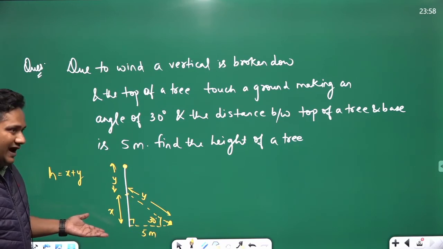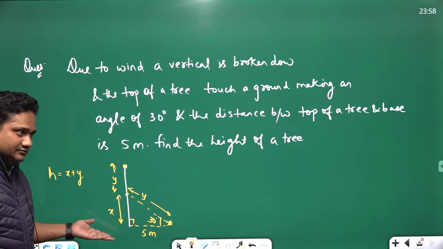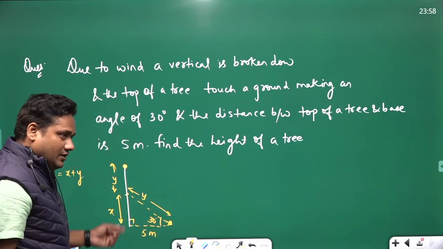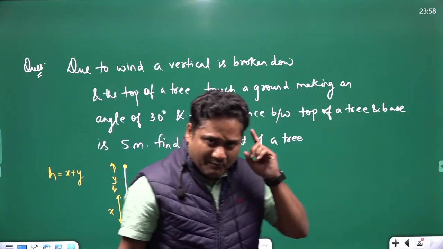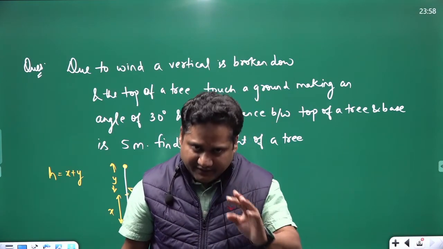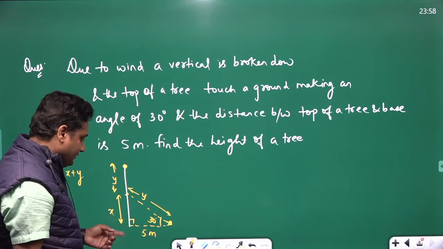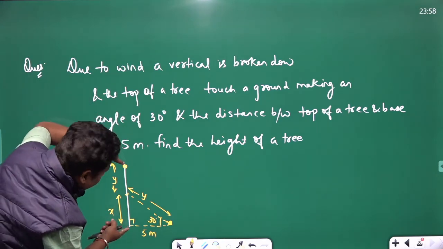Or do I plot the diagram again? Just first tell me this. If you make a perfect diagram, then you get the answer. So the diagram must be perfect. Let us suppose this is a whole tree.